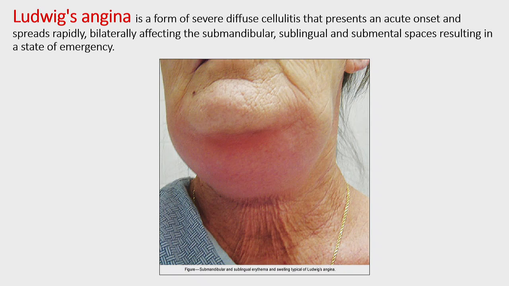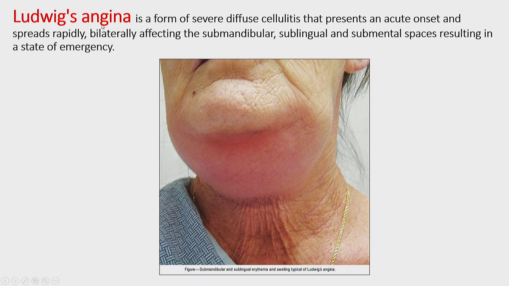If bilaterally all this space under the tongue is infected or occupied, and the submandibular region is also occupied, the swelling slowly pushes the tongue toward the pharynx, closing the airway, and this is a state of emergency.